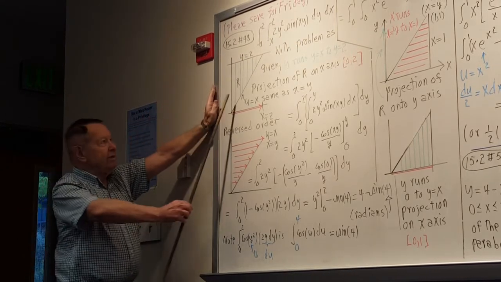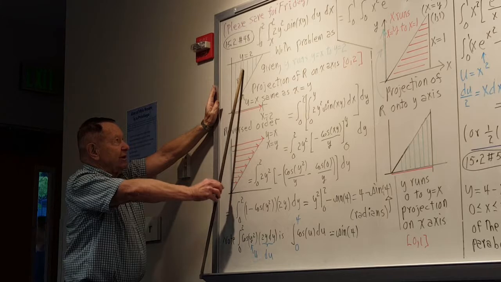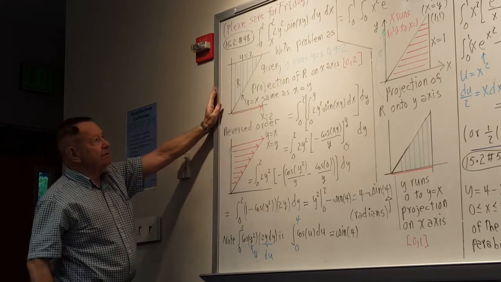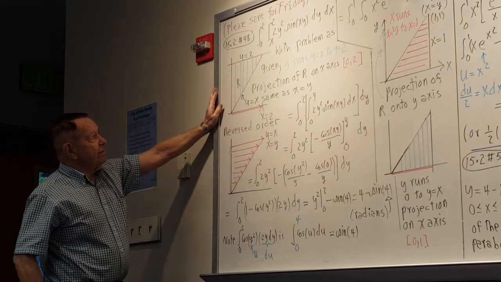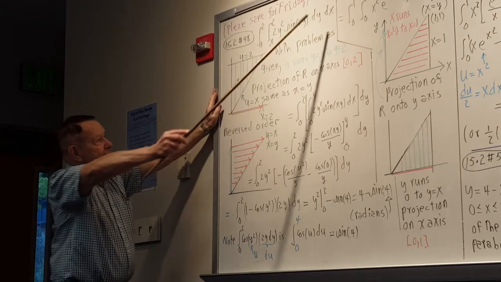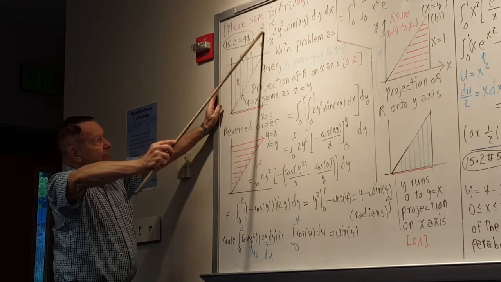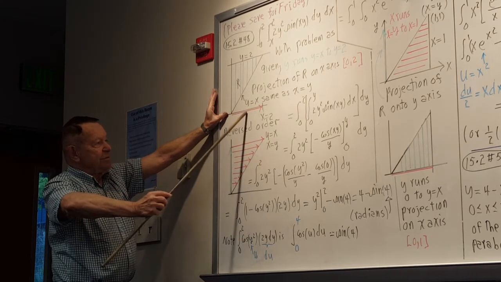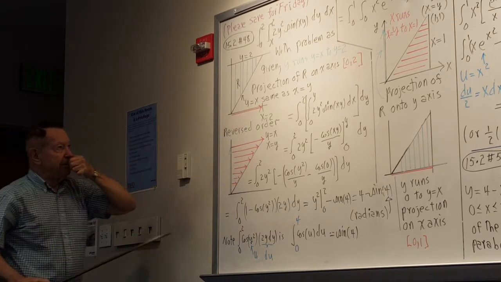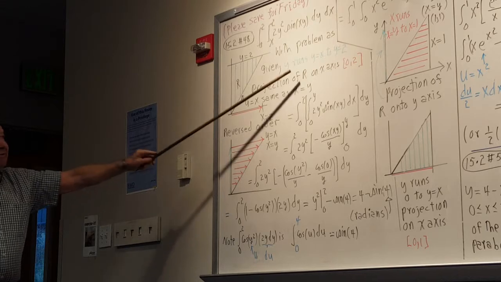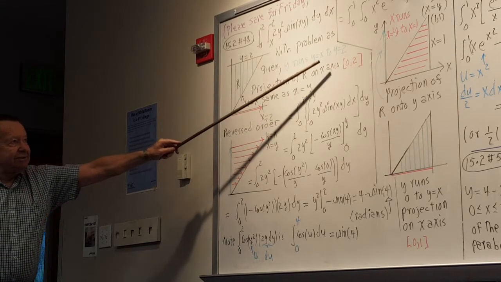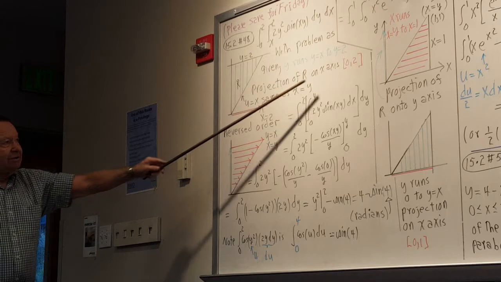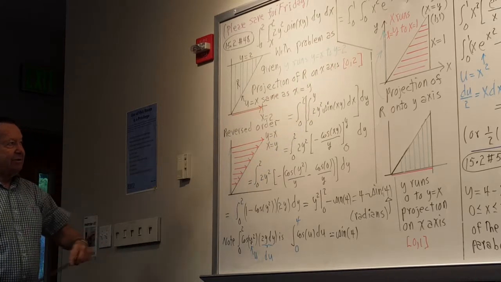So you're covering the region with vertical arrows like these. And then the projection of your region on the axis you name the second is 0 to 2, which I'm indicating with the red. So as given, y runs x to 2, projection is the interval 0 to 2.